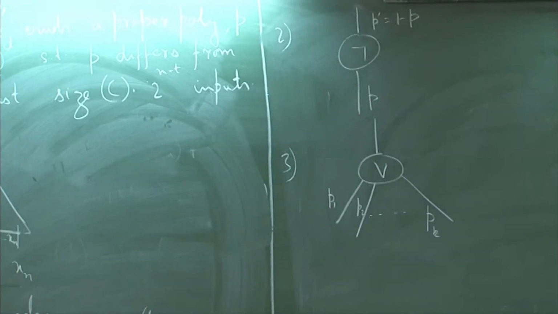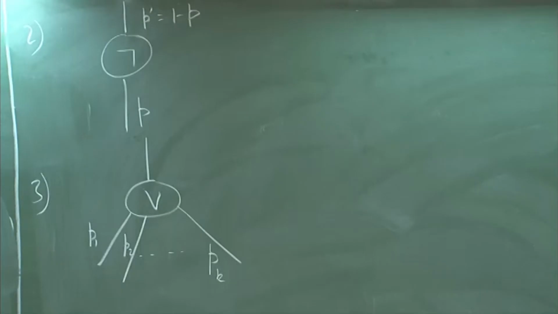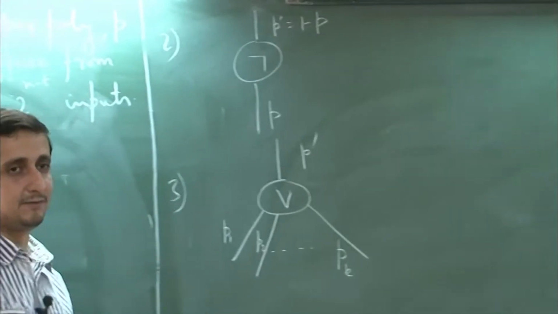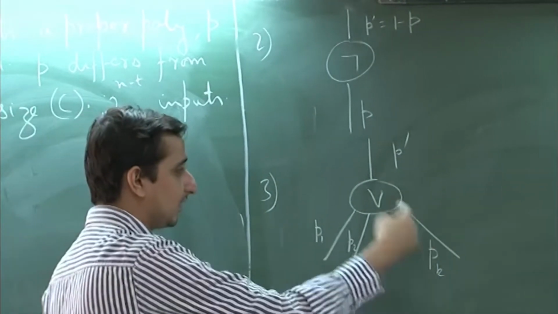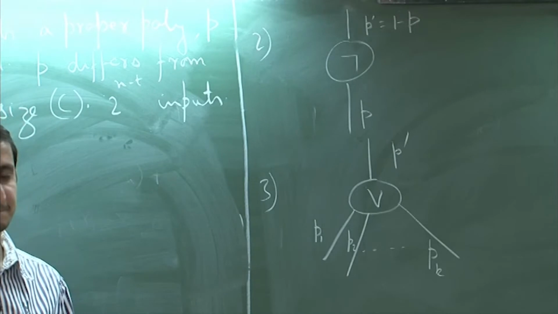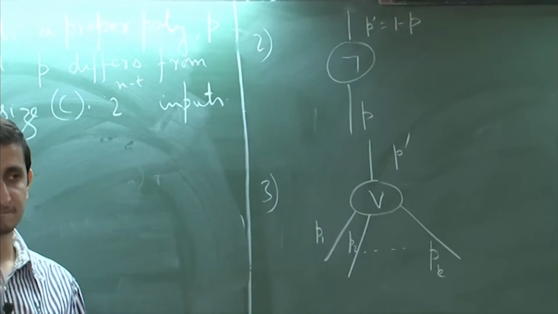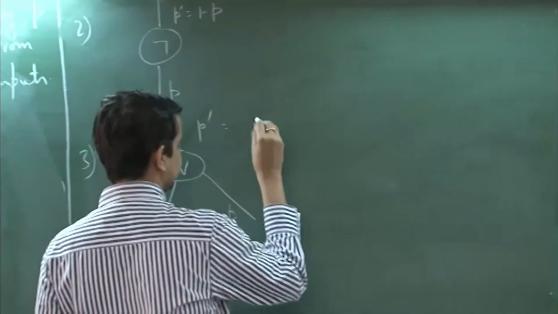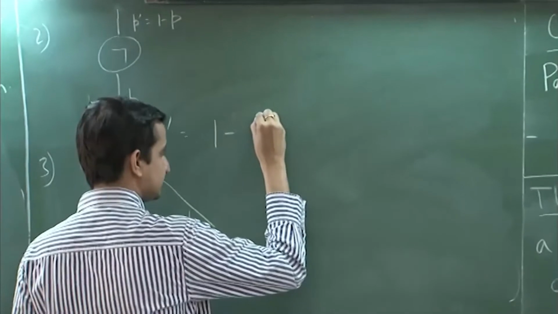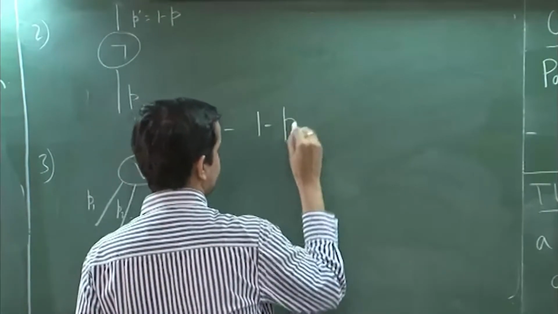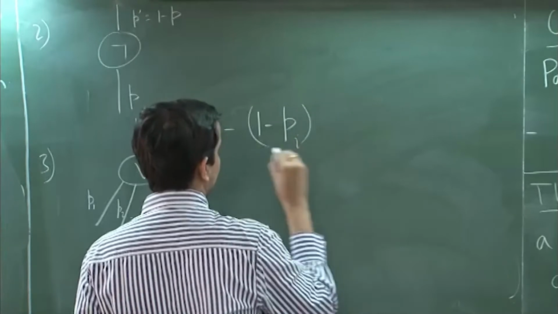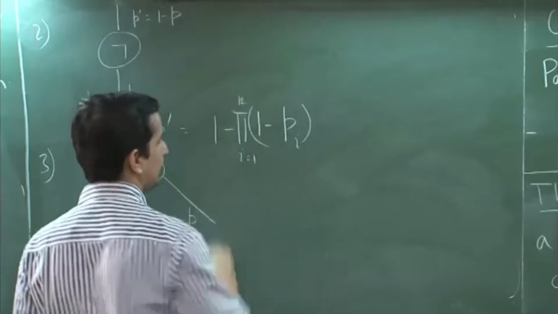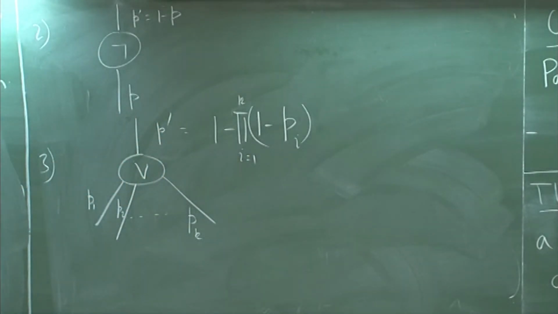So, what is the obvious polynomial to apply in this case? I want to write down a polynomial P prime such that P prime will evaluate to 1 if and only if at least one of these evaluates to 1. So, we can set that as 1 minus the product of (1 minus Pi), going from i equal to 1 to k, and that will compute it correctly.